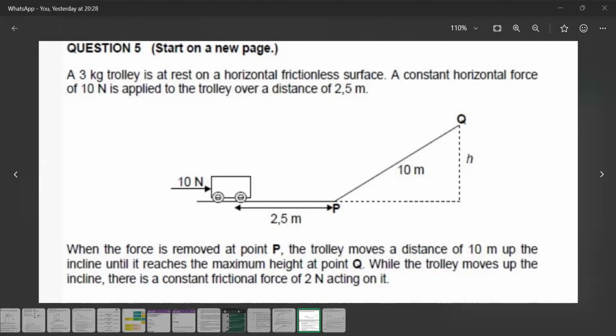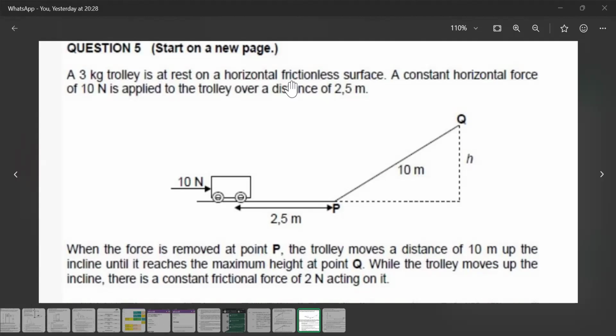And then they say, when the force is removed at the point P, the trolley moves a distance of 10 meters up the incline until it reaches the maximum height at point Q. When the trolley moves up the incline, there is a constant frictional force of 2 newtons acting on this trolley.